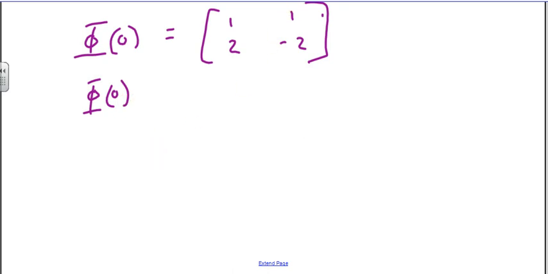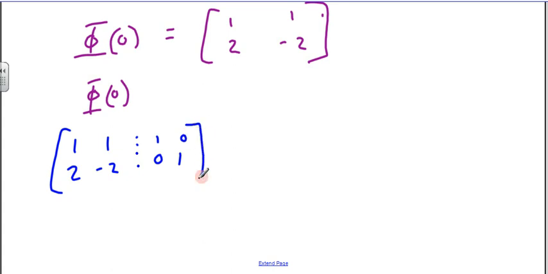I put it in a matrix with the identity matrix, and I want to turn this side into the identity matrix, and whatever is on the other side is going to be the inverse. Okay, I'm going to take 2 times the top row and subtract it from the bottom row.